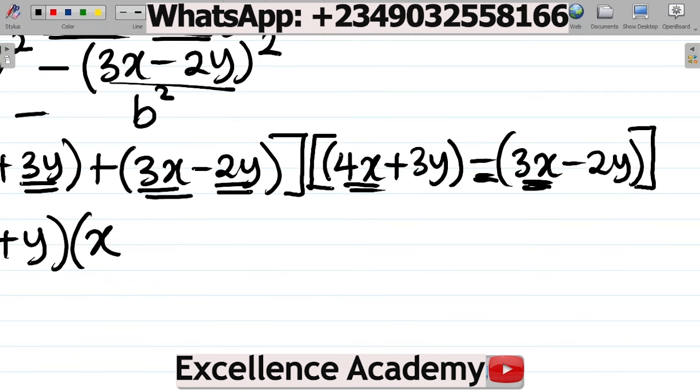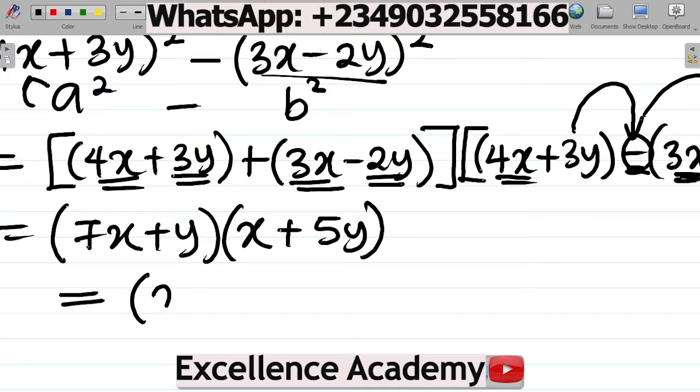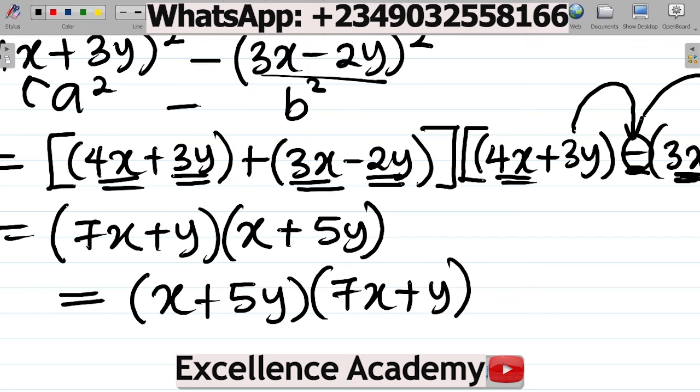For the y, we have 3y minus a minus 2y, and minus times minus gives you plus, so 3y plus 2y gives you plus 5y. So what we have there is (7x plus y) multiplying (x plus 5y). This can still be written, if you interchange them, as (x plus 5y) multiplying (7x plus y), which is the same thing.